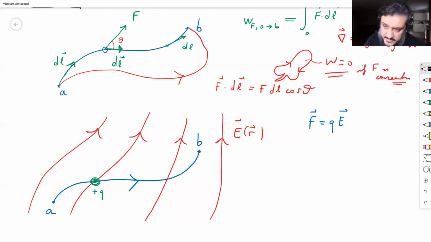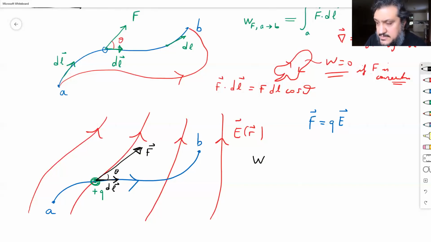So right here, the field points this way. Therefore, the electric force is also pointing in the same direction, and dl this way with some angle, all right? So exactly the same way we're going to calculate the work done by the electric force on this charge.